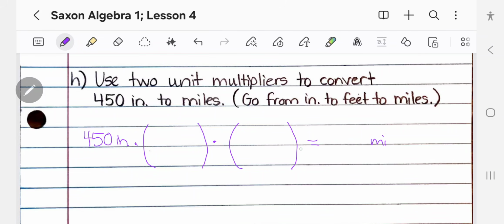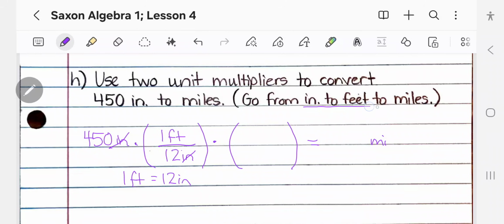So we know inches and feet, right? We know that 1 foot equals 12 inches. So what are you going to put for your unit multiplier? You're going to want inches on the bottom, right? So let's put 1 foot over 12 inches. Okay? When we cancel out those inches, we're now in feet.